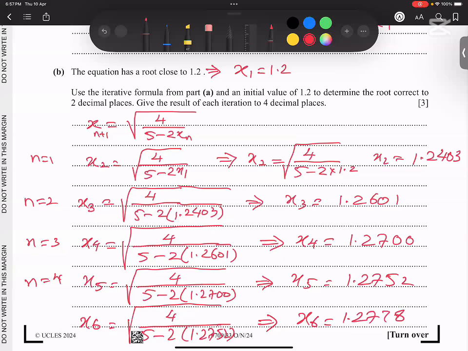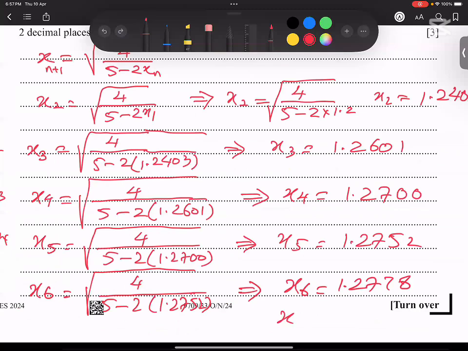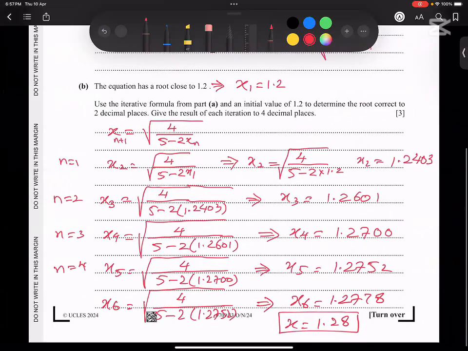You see now, if you round it, it rounds to 1.28. So finally we can say the answer 1.28 is our final answer. And I hope the concept is very clear.